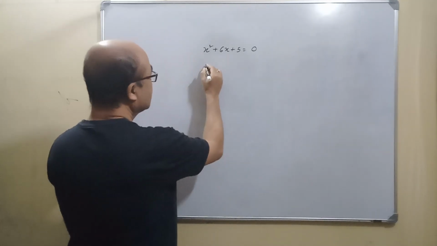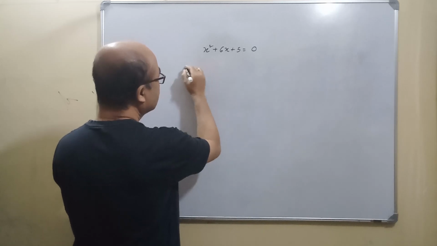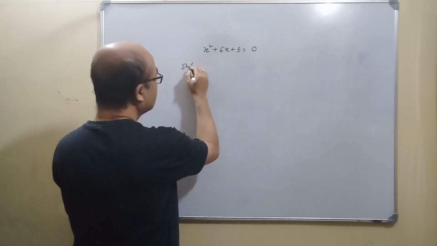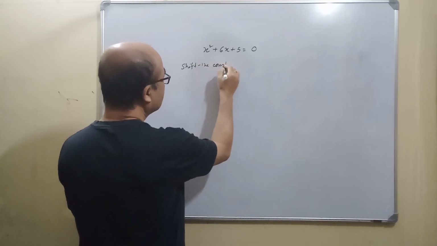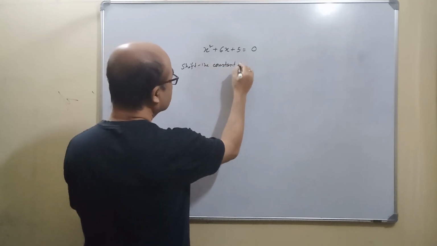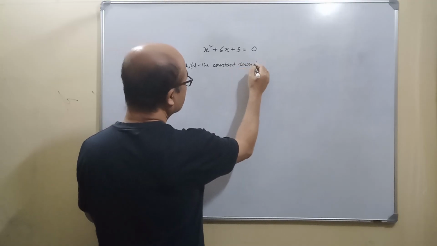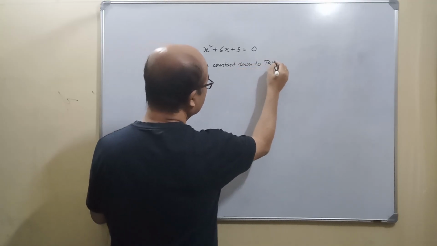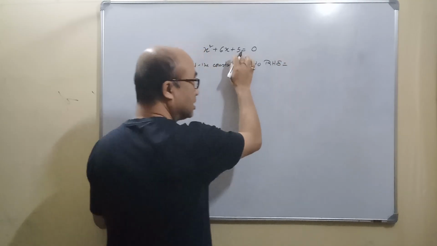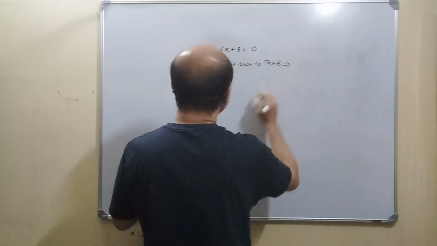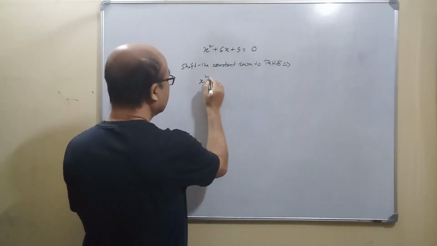So the next step is to shift the constant term to the right hand side. This is the constant term, so we will shift it to the right hand side.